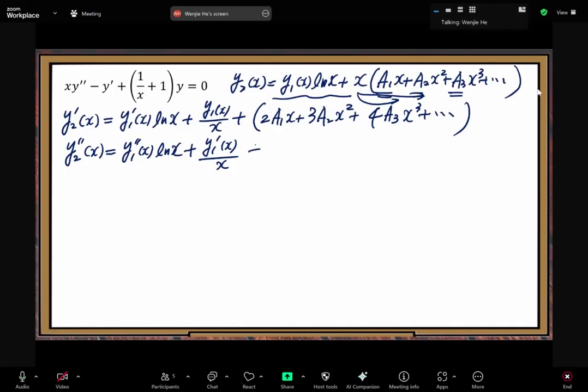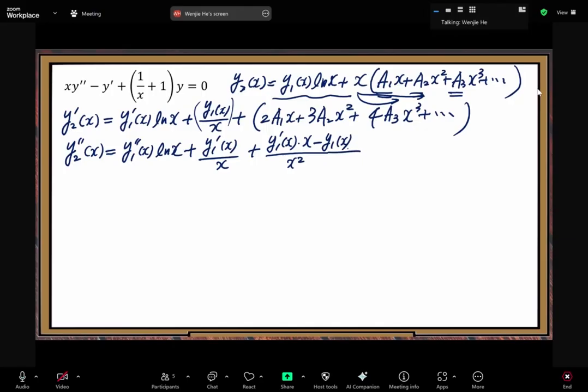Then plus, for this term, we need to use the quotient rule: over x squared, y1 prime of x times x minus the x derivative, that's 1, so minus y1 of x.